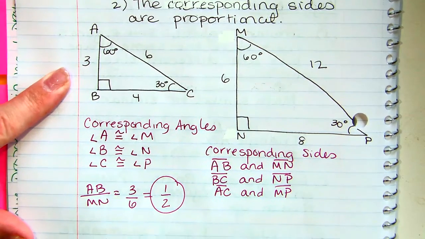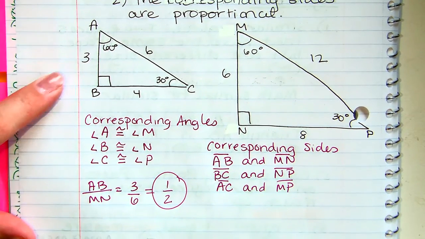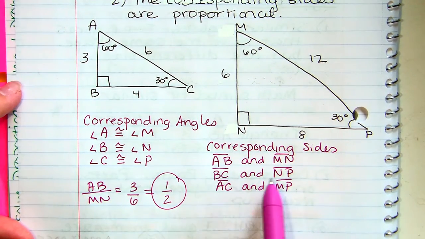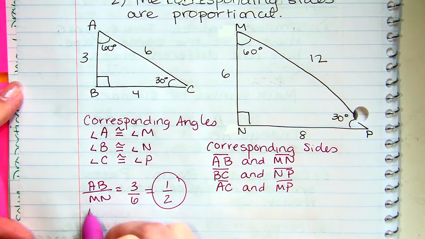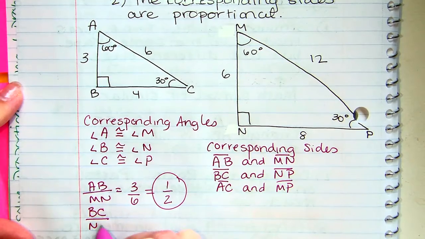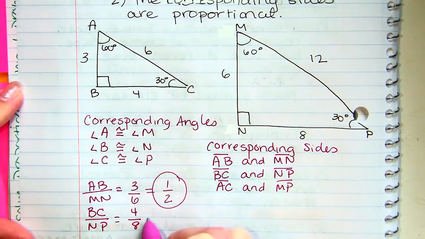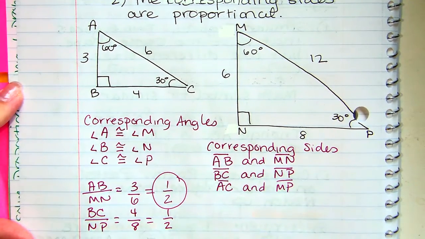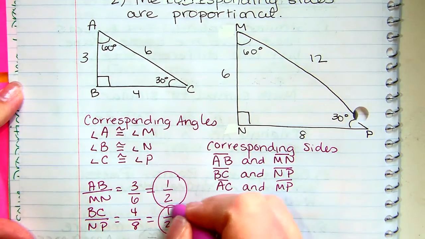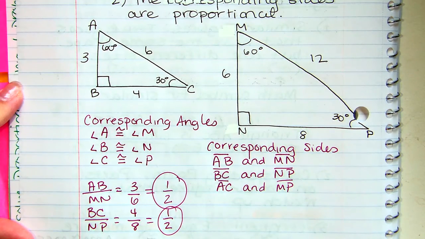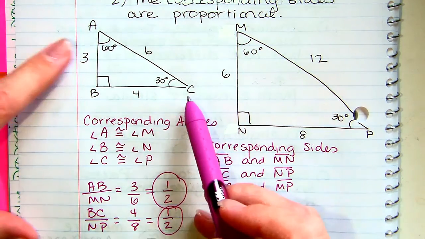Now the next one was BC and NP. So I'm going to write BC over NP. That is 4 over 8. And once again, that reduces to 1/2. Lastly, we have AC and we have MP.